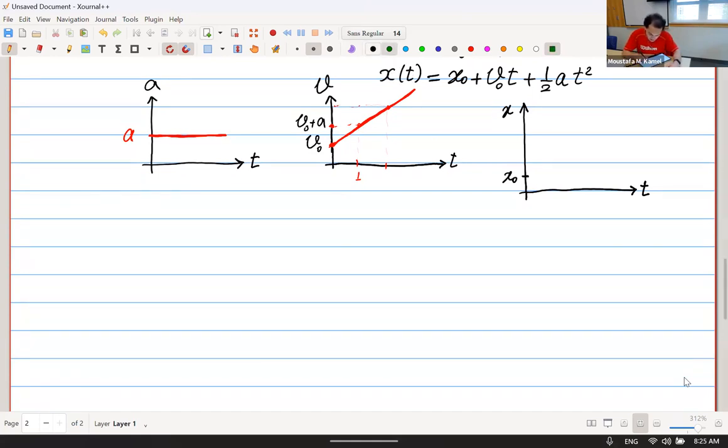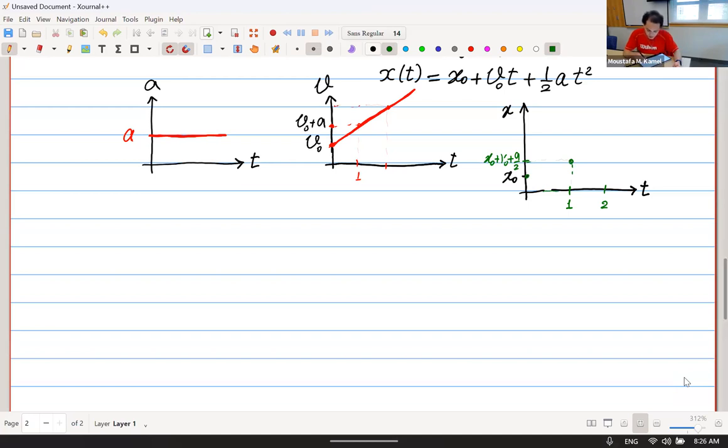At t equal to 1, we get x naught plus v naught plus a over 2, right? So it's just some value. When we get numbers, that will be easier.